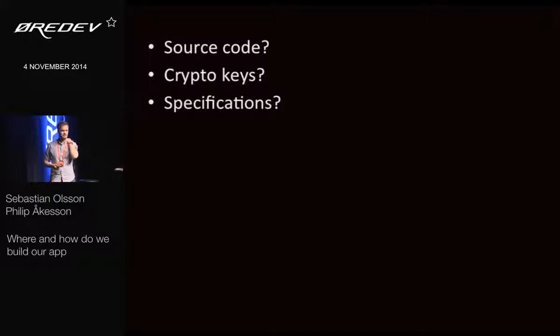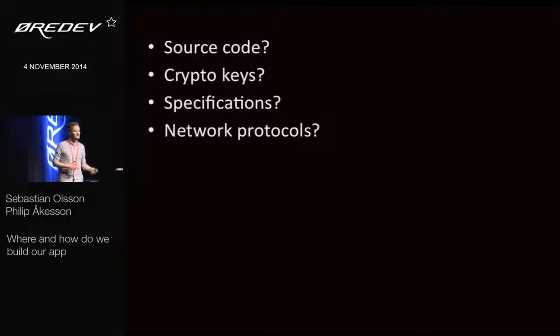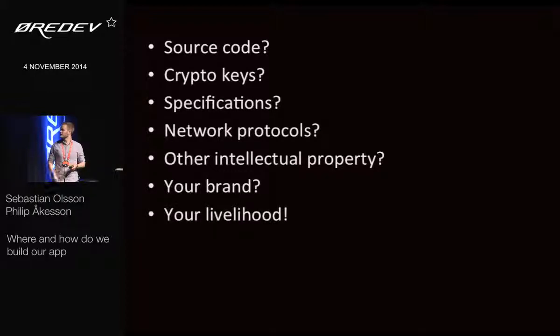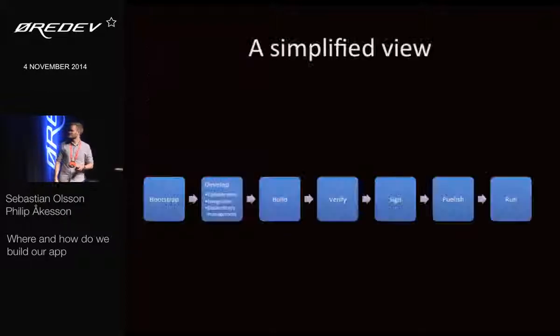Your specifications of your protocol, your domain logic, stuff like that could be secret to your project. Your network protocols, even if they can't be fully protected, as we've shown earlier, some of the obfuscation could be something you want to protect. And you might have other intellectual properties or documents. In some cases, you want to protect your brand and, I guess, your livelihood.